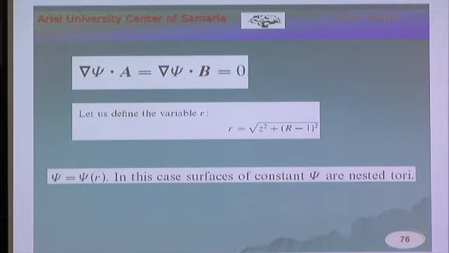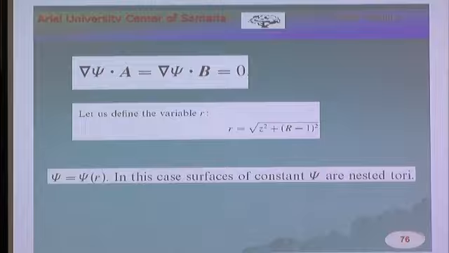Now, the function psi introduced in the 1969 paper is such that grad psi dot A and grad psi dot B are both null. But now I'm going to do something else. I'm going to introduce a new variable, which is a small r.